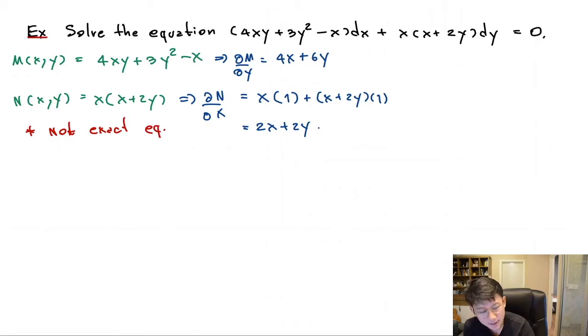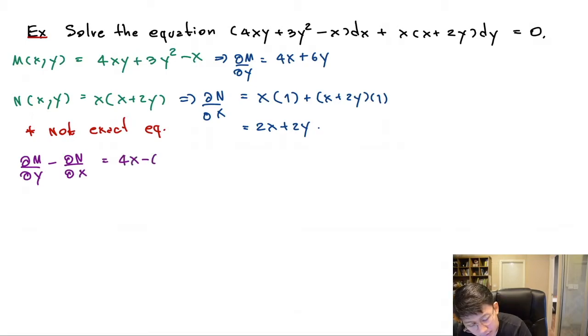After that, I'll write dM/dy minus dN/dx first, and it is 4x plus 6y minus 2x minus 2y. Or you can write it as minus 2x plus 2y, and that is 2x plus 4y.